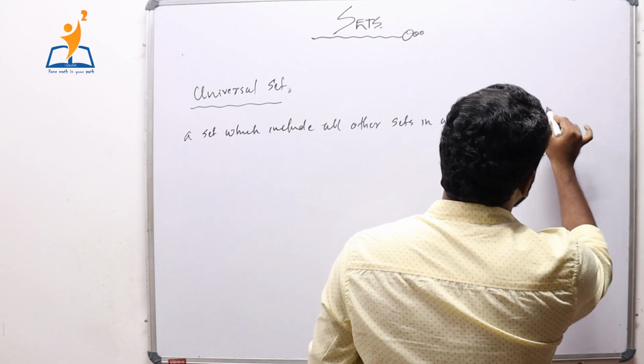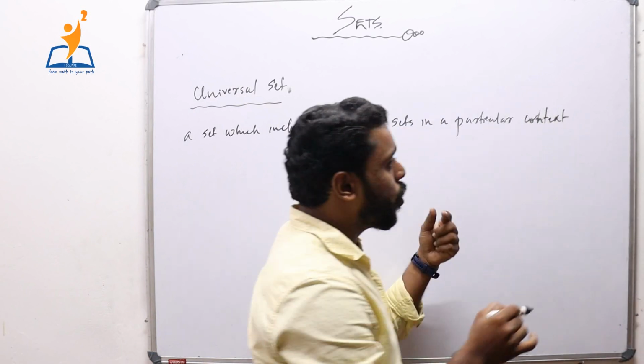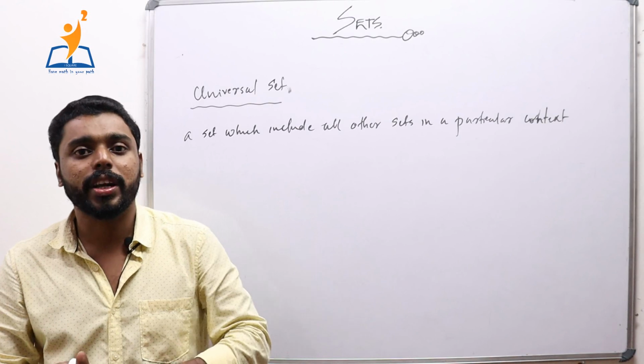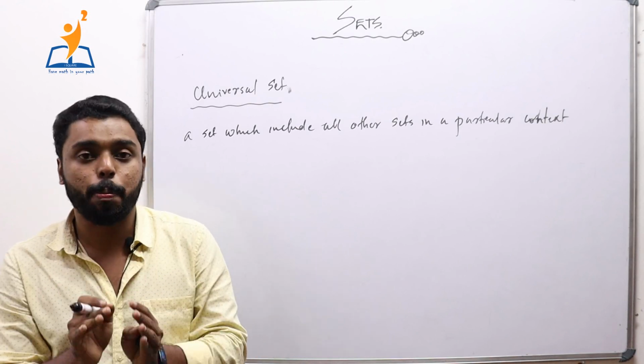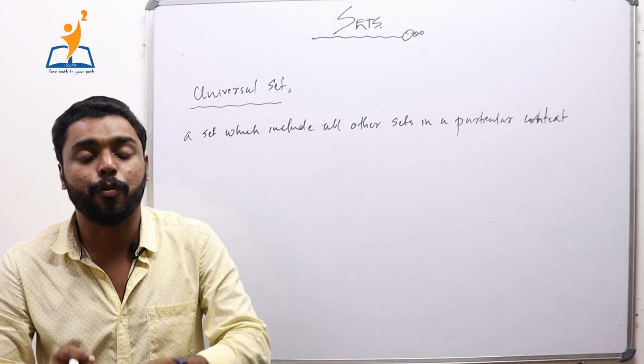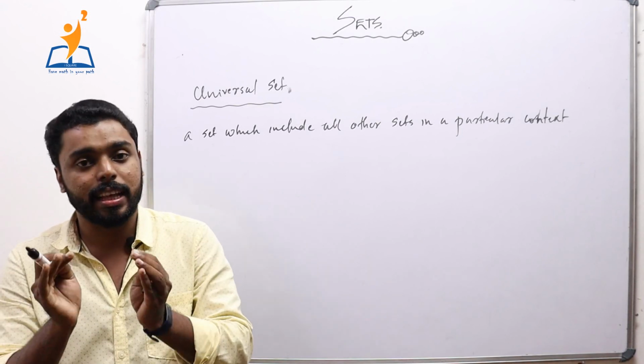So it depends on the context. Universal set varies according to the context. Whatever be the context, universal set must have a property, that is it must contain, or it must be a superset of, all other sets in that particular context.